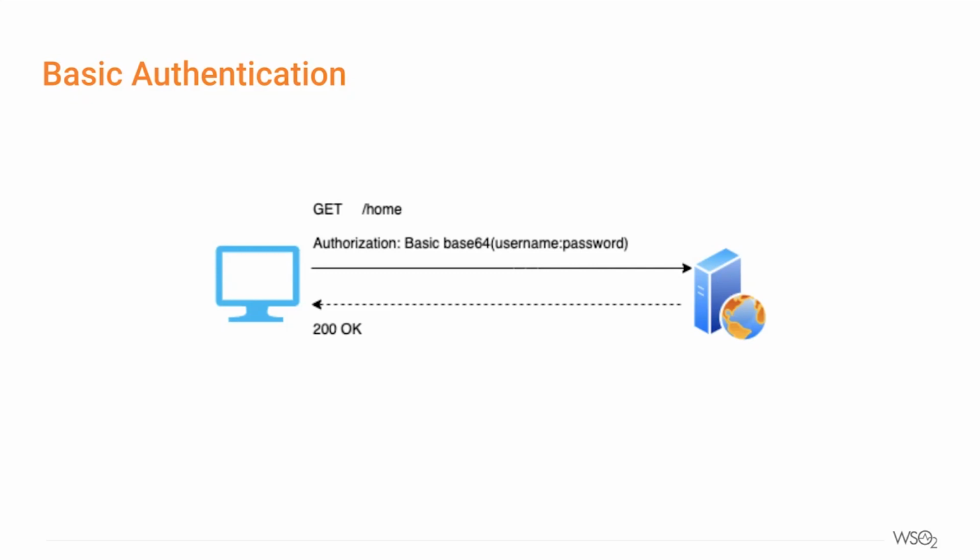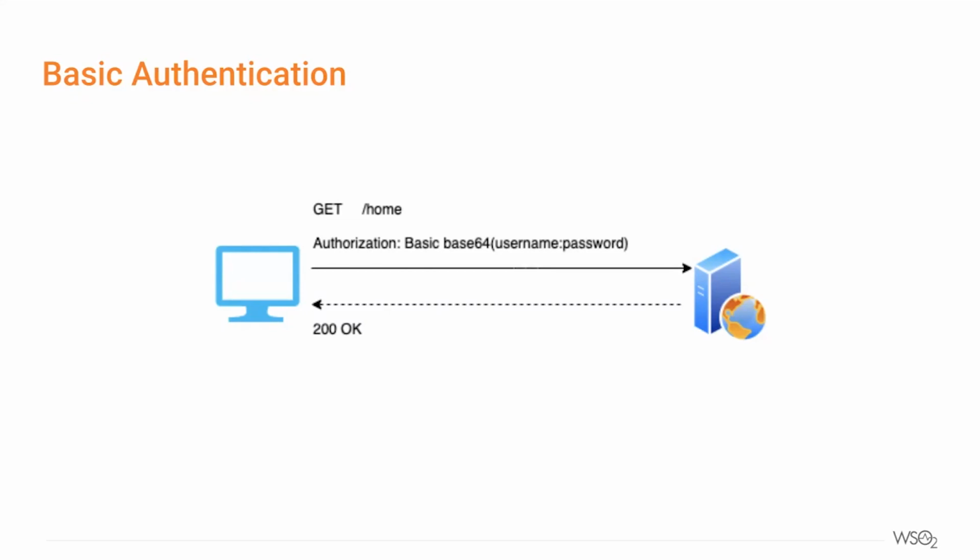So you have to use HTTPS, so that it will be secured. This method does not require cookies or session IDs or login pages or any other such specialty solution, because it uses the HTTP header itself.